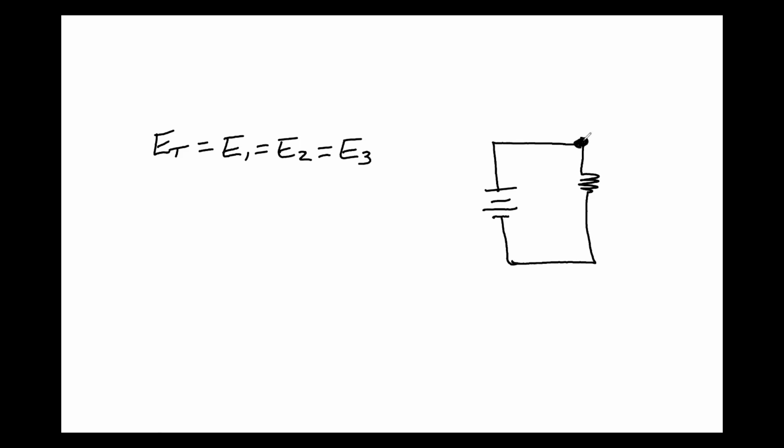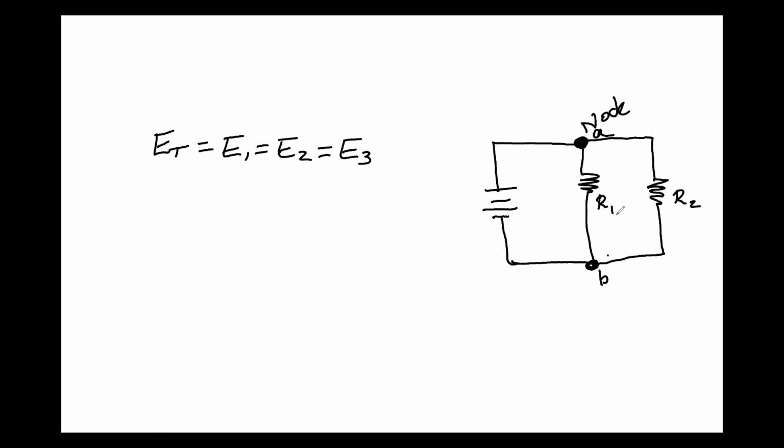But as soon as we create a node right there, and as soon as we branch off and connect another component to that node, I'm going to call this node connection point A, and this node connection point B. As soon as I connect another component to that node, this other resistor is going to get the same potential difference, the same voltage that we are getting on R1.